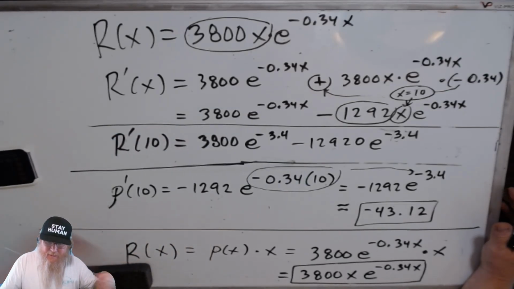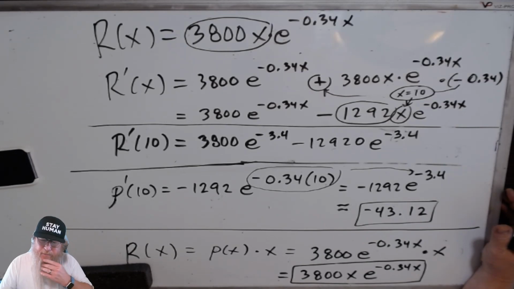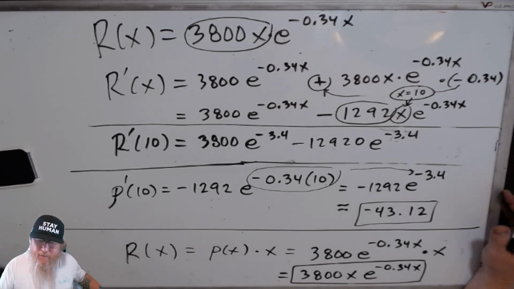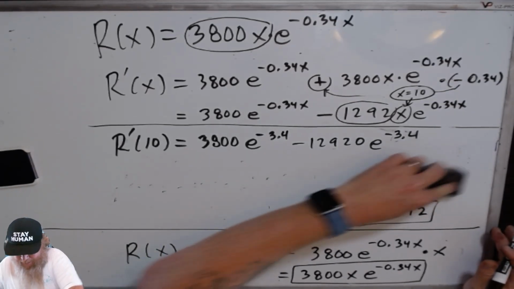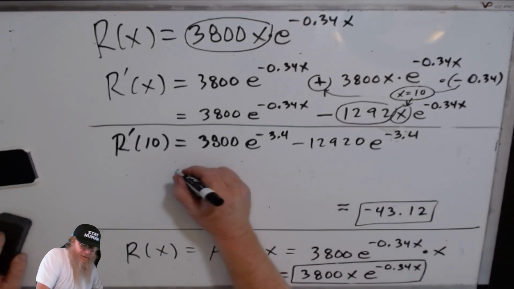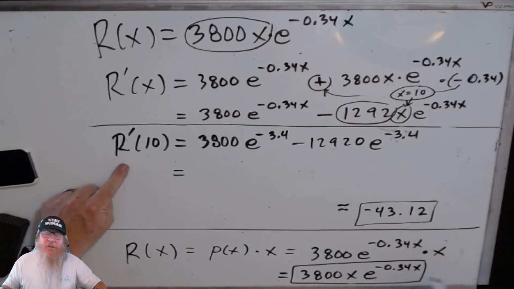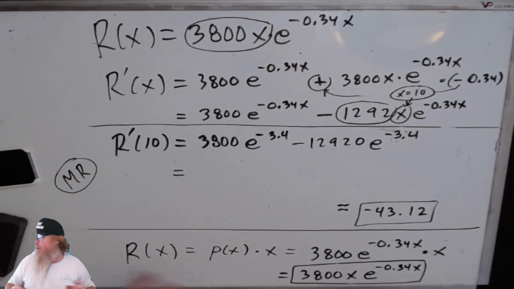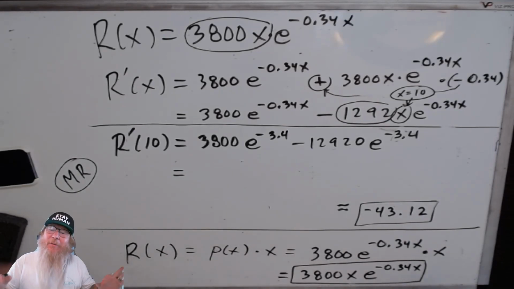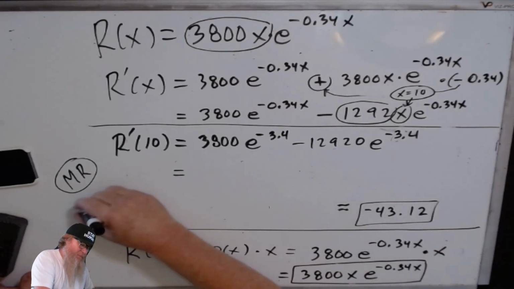Revenue should not be negative. Oh, no, it can be. Never mind. It's fine. Don't listen to me. I was just pausing for a second. This is marginal revenue. Marginal revenue can be negative. It's just slope.